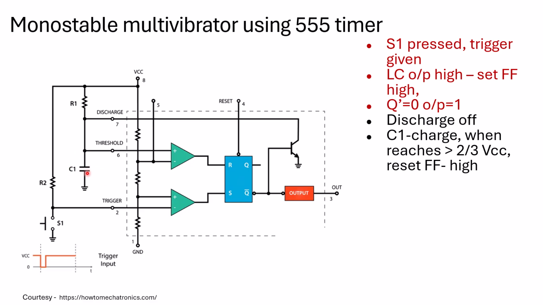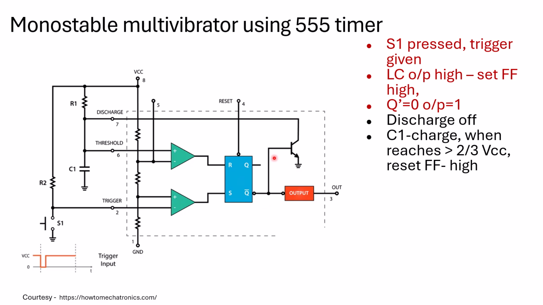At one point, the capacitor voltage will become greater than 2 by 3 VCC. When the capacitor voltage becomes greater than 2 by 3 VCC, the upper comparator will produce an output of 1. So when the upper comparator produces an output of 1, the reset pin will be high. When reset is high, Q will become 0, Q bar will become 1.